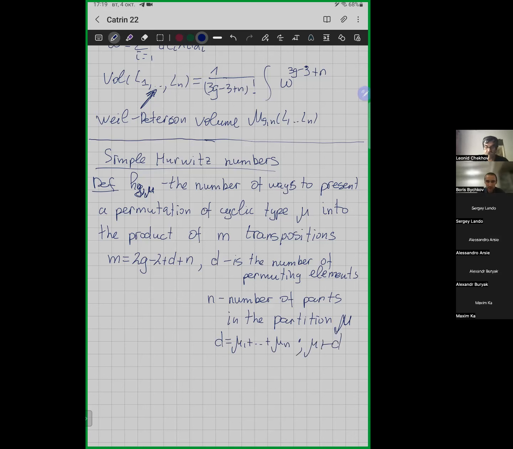These decompositions of a permutation are in one-to-one correspondence with the ramified coverings of the sphere, where these transpositions form the monodromy group of this covering, and g is the genus of the upper surface, the pre-image surface.